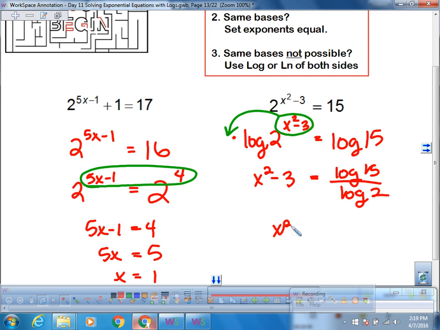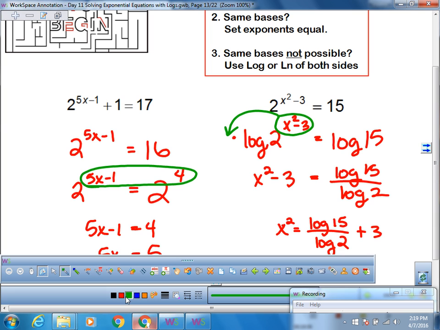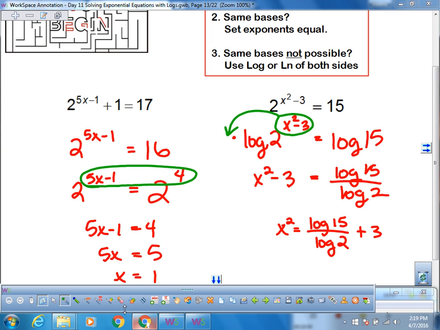Now I've got x squared equals log 16 over log 2, that's better, right? Add 3. Now what? If I don't want to square, what do I do to it?